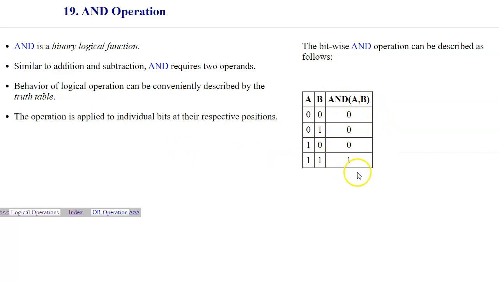The truth table simply takes two inputs, reiterates all possible values of the two sides, 0 0, 0 1, 1 0, and 1 1, exhausting all of the possibilities right here, and assigns the result simply by providing its value. So you can observe that logical AND operation of 2 bits is yielding value 1 or true only when both of the inputs are set to 1. In all other cases, we yield 0.